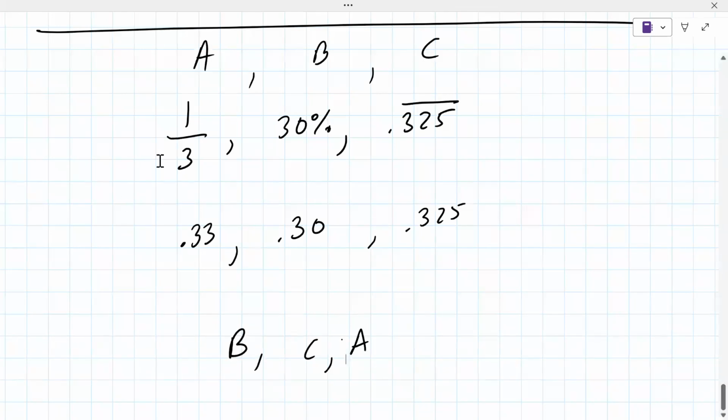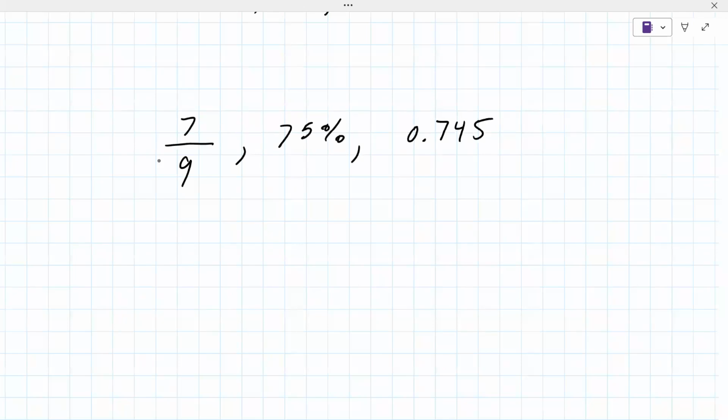Okay. Let's try one more of these. Let's try 7/9, 75%, comma, what was another one? Let's go 0.745.